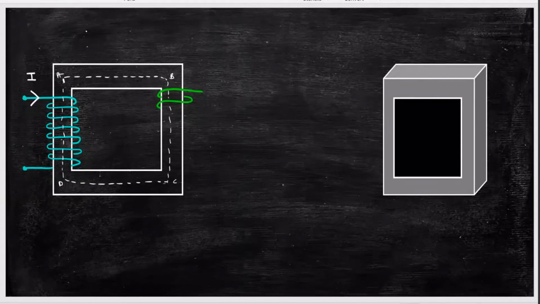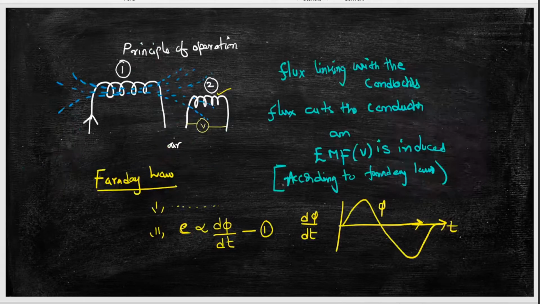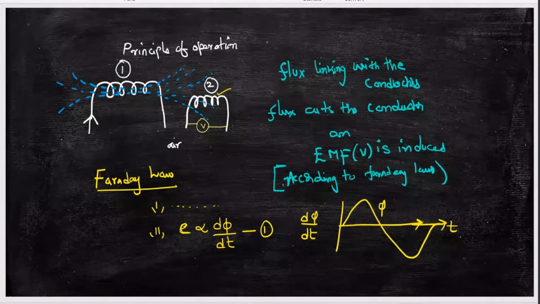If I wind a winding on the other side of the core, now according to Faraday's laws of electromagnetic induction, what is happening? I told you in the first slide: when flux is cutting these conductors, EMF is induced.